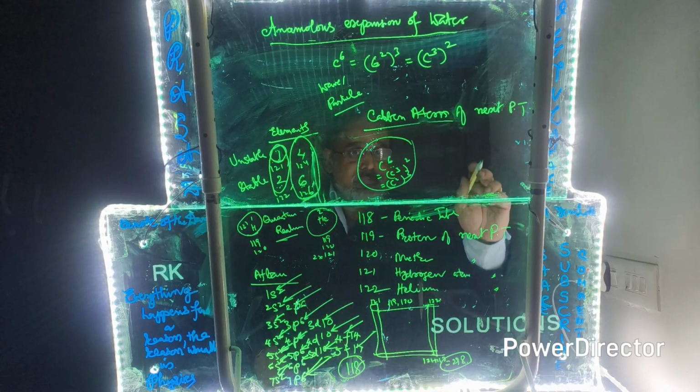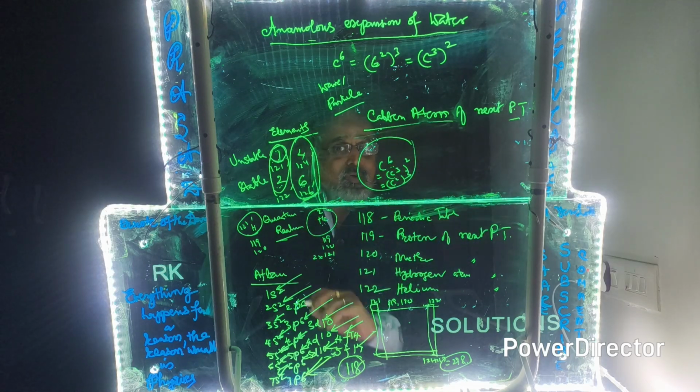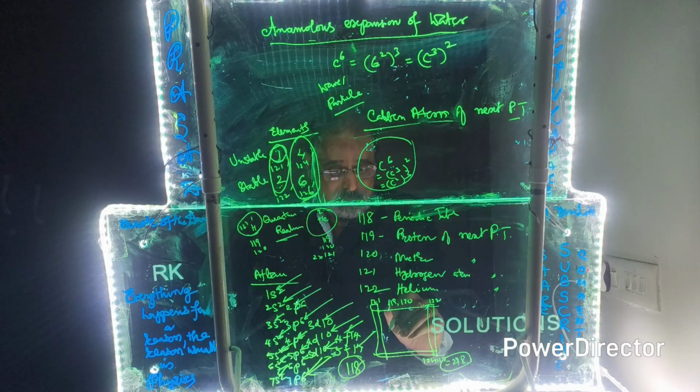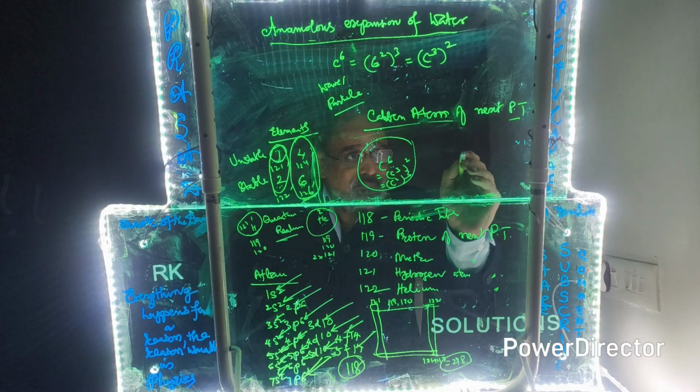At the carbon atom of the next periodic table, the present whole symmetry ends.